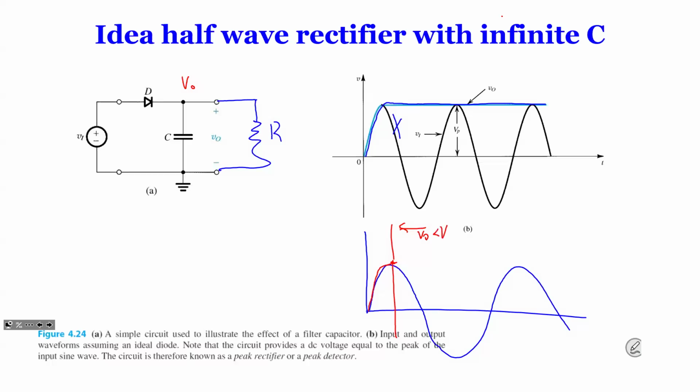VO is larger than VI, so therefore your ID is 0. So current doesn't go back. But the C has a voltage, so you still have current going through that resistance. We call it I, so I equals VO over R.